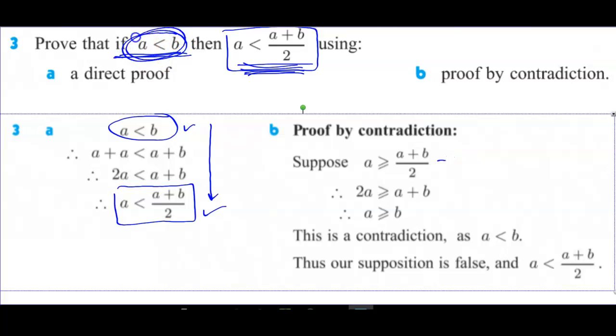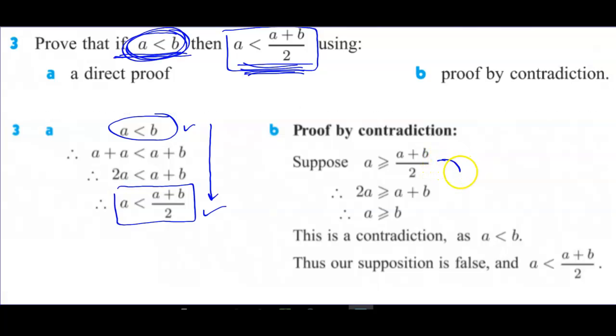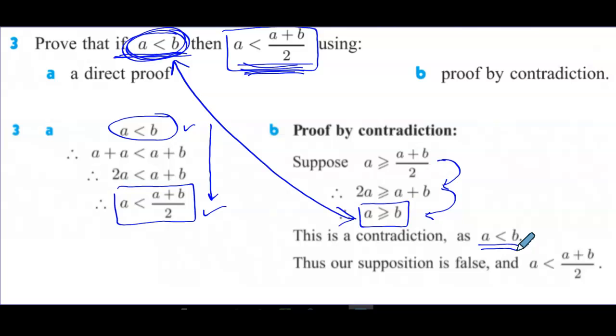We know this is true, so wouldn't it be cool to come up with something that contradicts it? So here we multiply by 2. That's fair. Subtract a. That's fair. And you see that we end up with a is greater than or equal to b, which is a direct contradiction to what we know is true. Therefore, that's a contradiction. The opposite must be true. Cool.